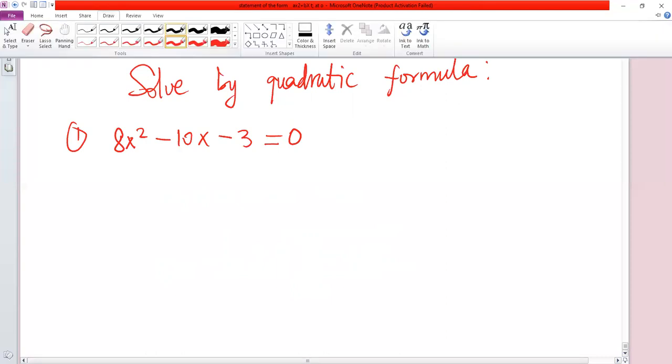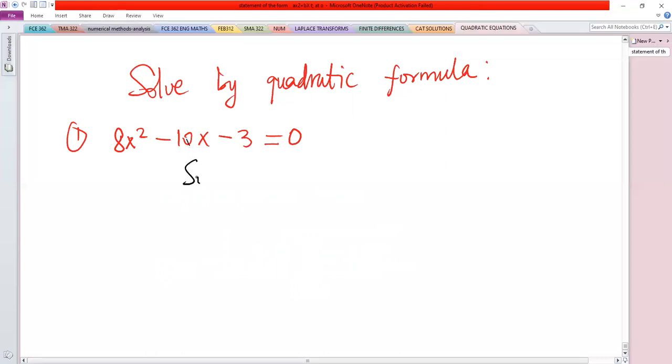Now, solution for this: we say that a is 8, b is minus 10, c is minus 3.